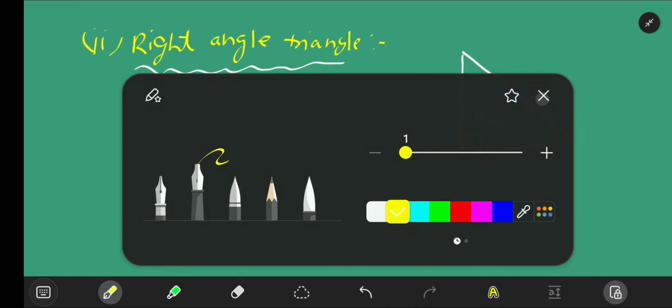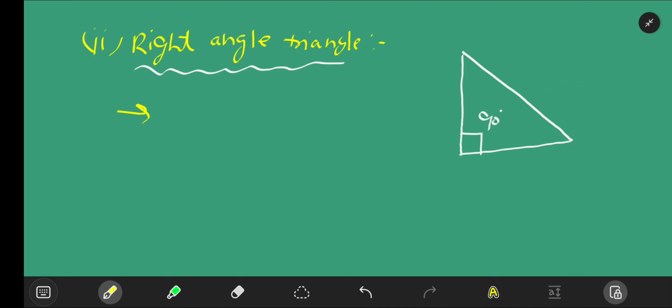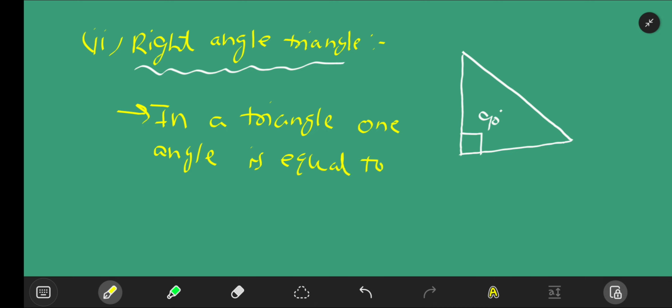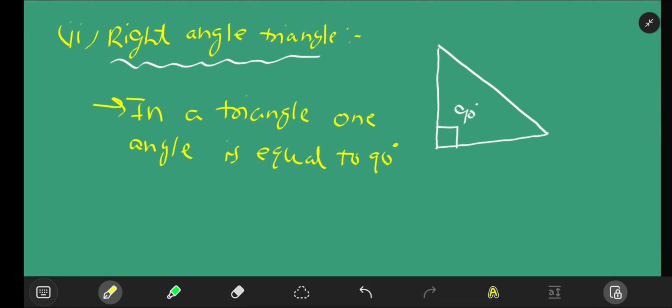Then that type of triangle we call a right angle triangle. That means in a triangle, one angle is equal to 90 degrees. One angle must be equal to 90 degrees. So that type of triangle we call a right angled triangle. Okay. Next.